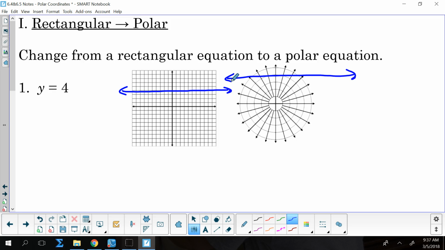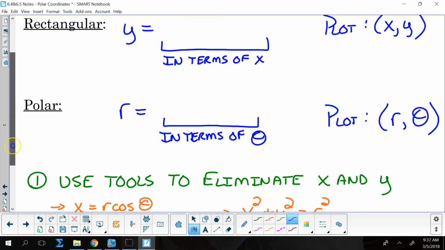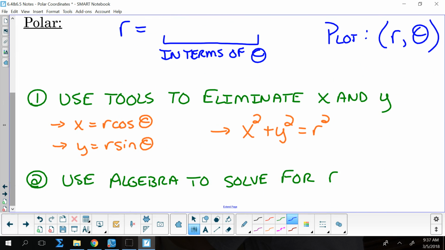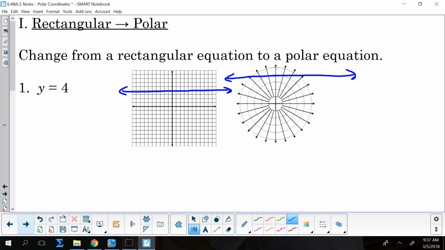So, y equals 4. What tool from our toolbox can we use? Y equals r times the sine of theta. And how am I going to use y equals r times the sine of theta?